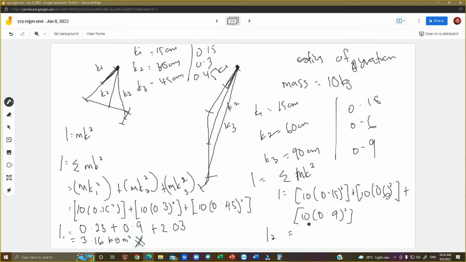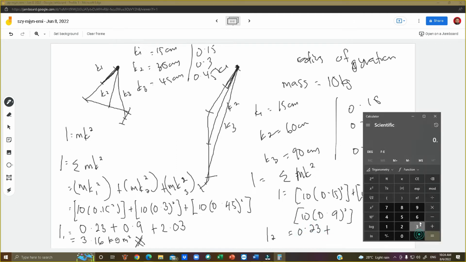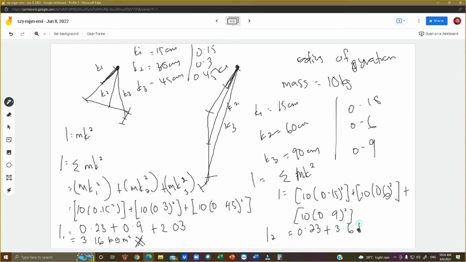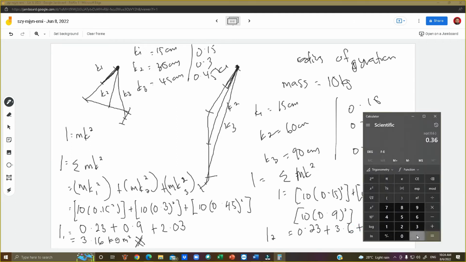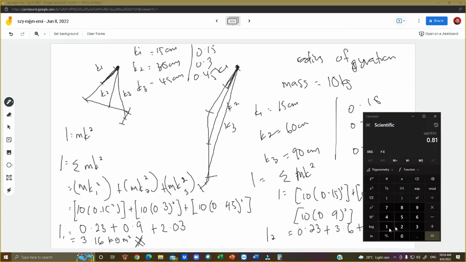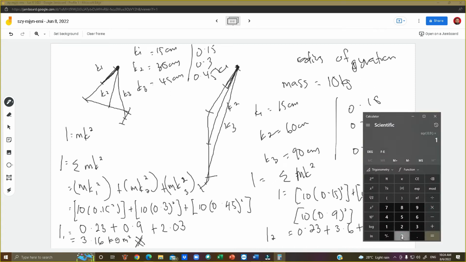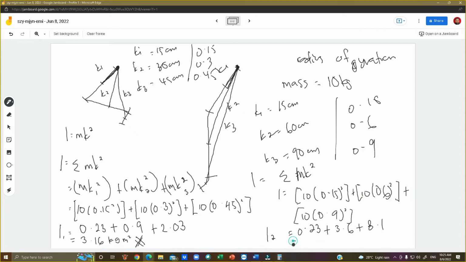And as for this one, we have 0.23 plus 0.6 square times 10, which is 3.6, plus 0.9 square times 10, which is 8.1. So 8.1 plus 3.6 plus 0.23 is 11.93 kgm square. Now, the leg's weight linearly is 10 kg.